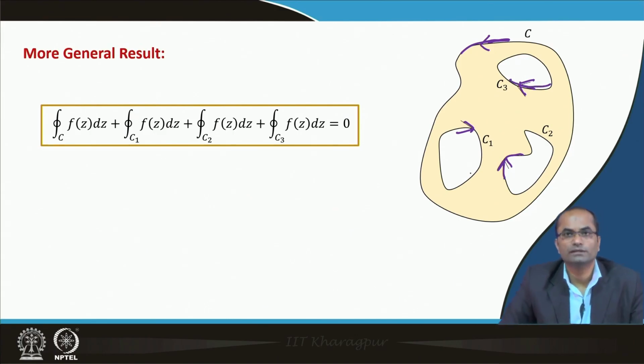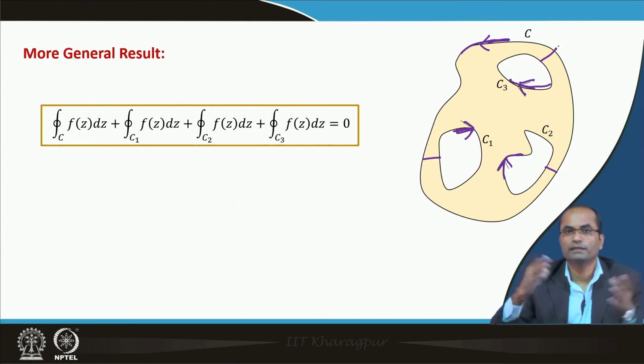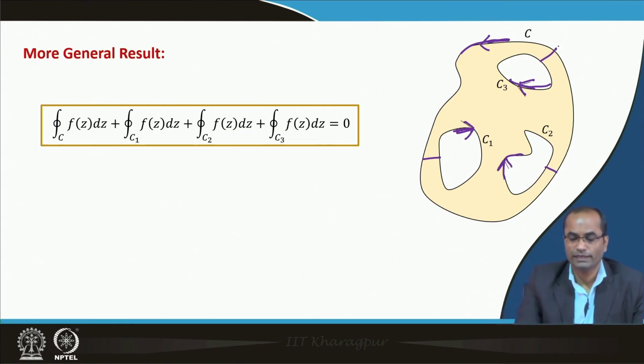So, all these C1, C2, C3 are traversed in clockwise direction, whereas the outer one is traversed in anti-clockwise direction. So, similar to the extension we have done in each case, we have to take a cut here, so that we can open this and make a simply connected domain. So, we will come from this direction, then go along this and come back again here. So, going back to the second, C2.